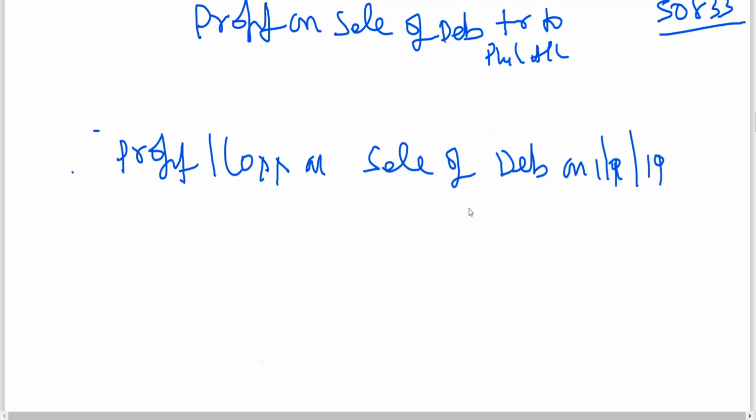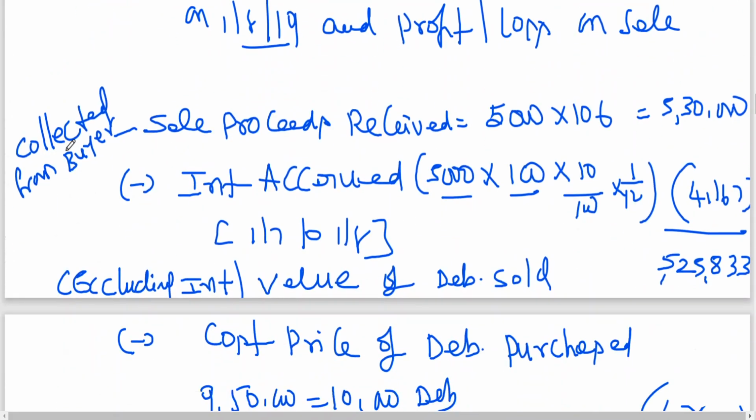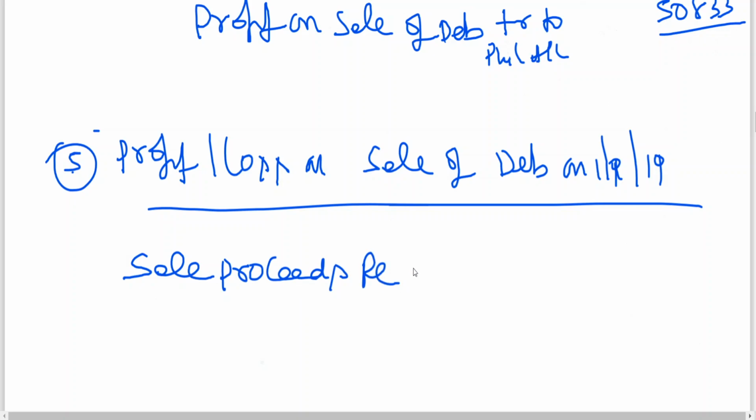First, September 19. This is working notes number 5. Let me write here: sale proceeds received. Ex-interest debentures will never include interest.